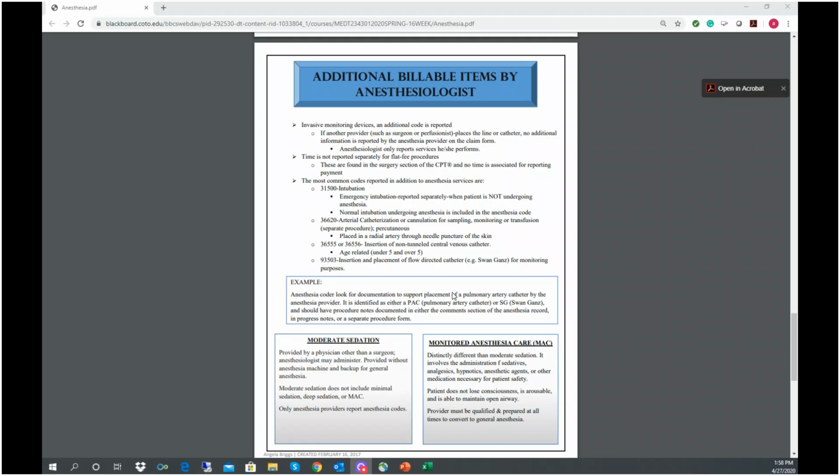The most common codes reported in addition to anesthesia services are 31500 for intubation. Emergency intubation is reported separately when the patient is not undergoing anesthesia. Normal intubation undergoing anesthesia is included in the anesthesia code. 36620 is an arterial catheterization or cannulization for sampling, monitoring, or transfusion, and it's percutaneous.